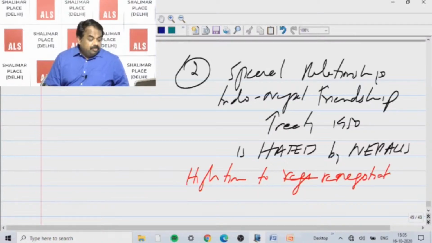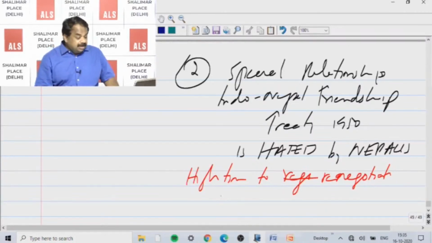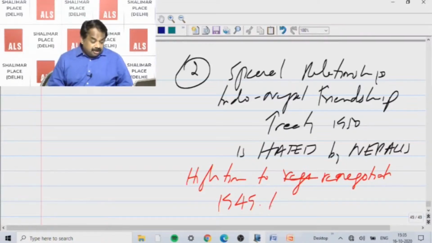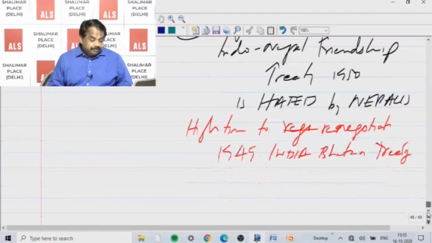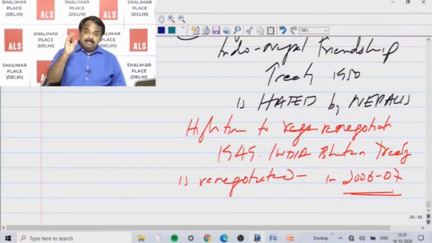See, we have already renegotiated our treaty with Bhutan. The 1949 India-Bhutan treaty was renegotiated in 2006-07. We have even amended it.